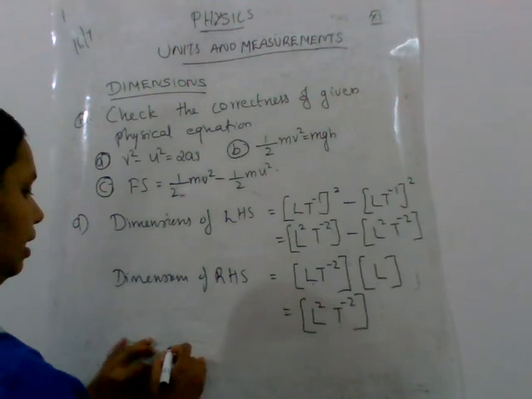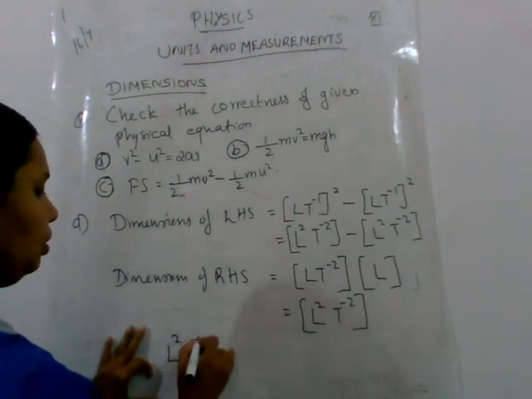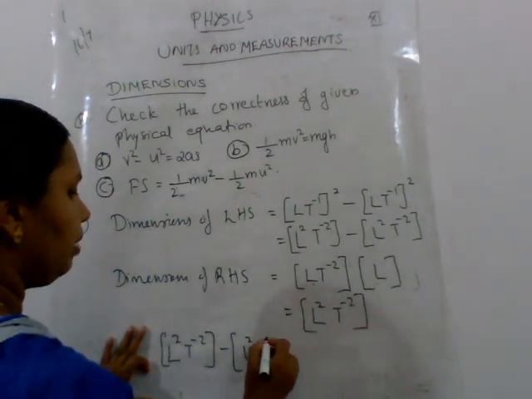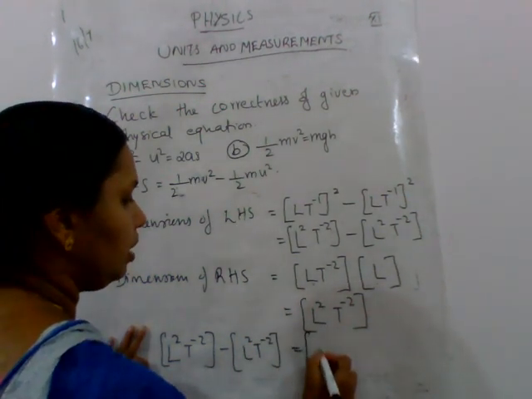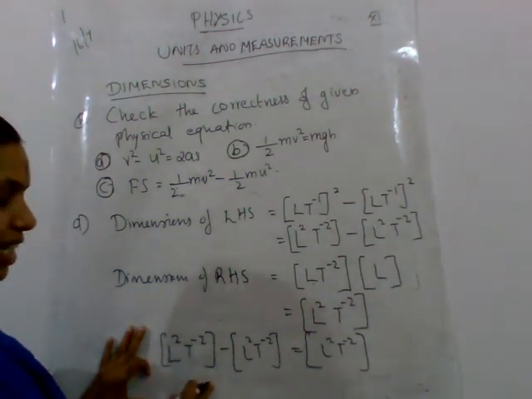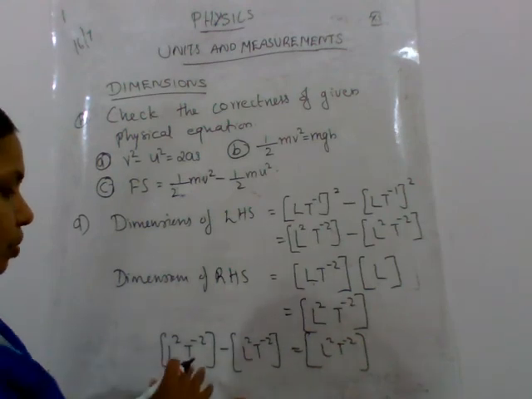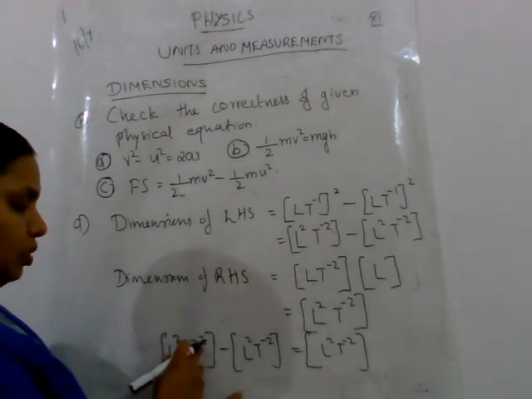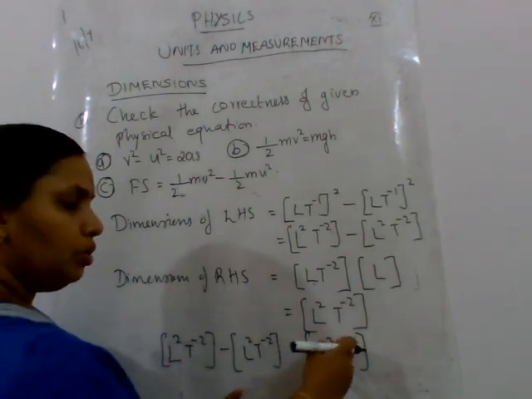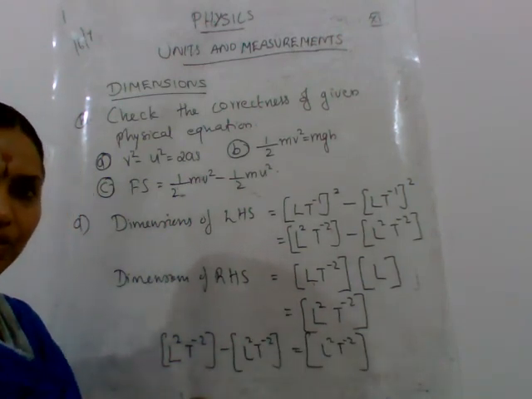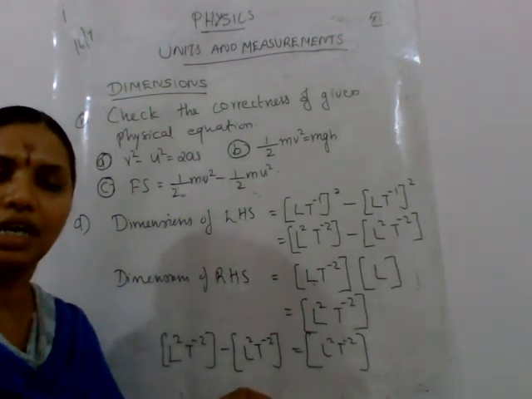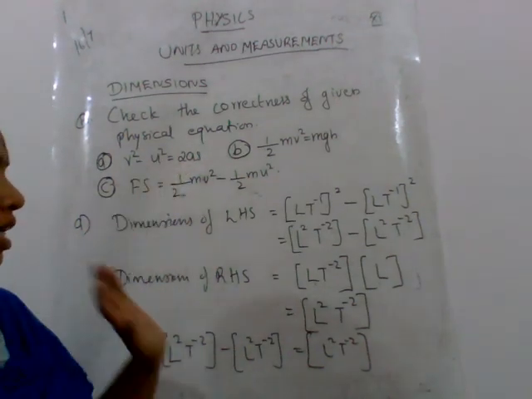So we can write LHS as L2 T minus 2 minus L2 T minus 2 is equal to what? L2 T minus 2. See, don't subtract this, okay? We can't subtract it like that. See the dimension. L2 T minus 2 is equal to L2 T minus 2. So the dimensions of LHS and RHS are equal. So the given relation is correct.